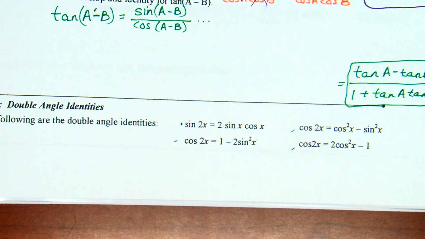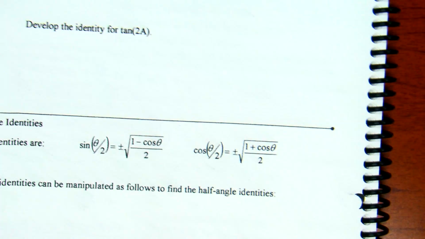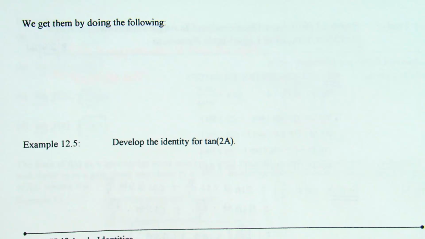So we're going to look at where they come from, and again, it's all about using those original 6 identities from today. We get them by doing the following.